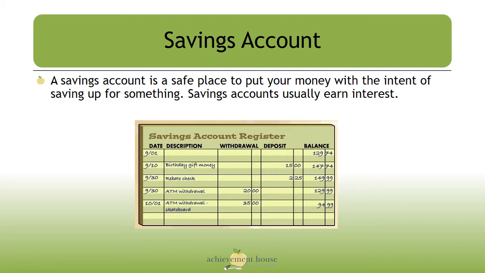You could have a college savings account, you could have just a general savings account. It is never too early to start putting just a little bit of money away. So with a savings account, you put money in and you have the intent of saving it.